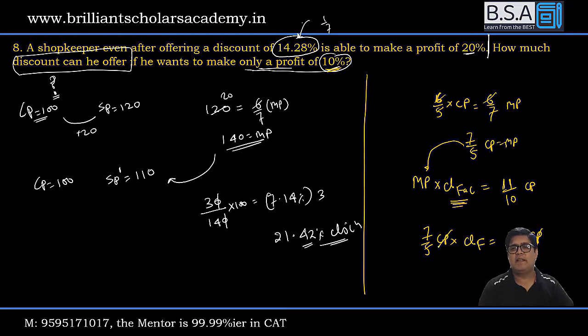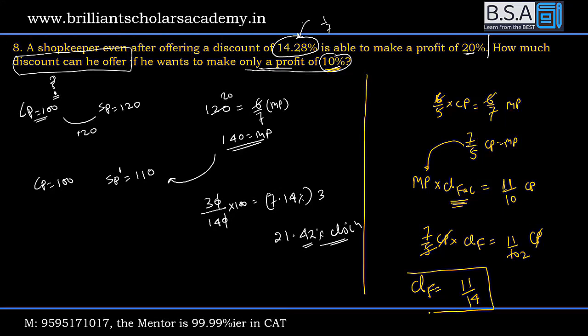Notice CP is cancelled. I'll just switch off the camera for a minute. So CP is cancelled. This is cancelled. So the discount factor is 11 by 14. Discount factor.